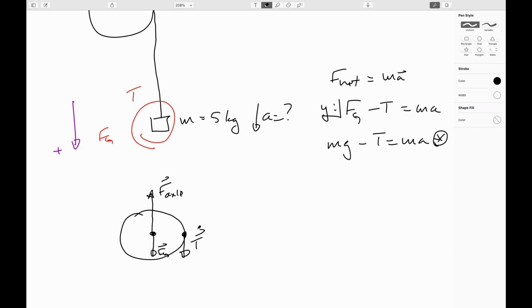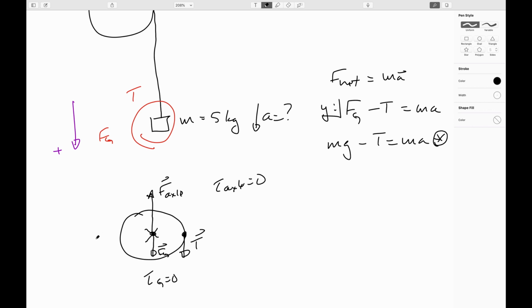So this seems hopeless until we realize that if we think about the rotation, although we do know the force of gravity, we don't know the force of the axle at all. The fact that we don't know that force doesn't matter from a torque perspective because it's not trying to make it twist. The line of action goes right through the axis of rotation. So the torque due to the axle is 0, and the torque due to gravity is 0. We've only got a torque due to the string.